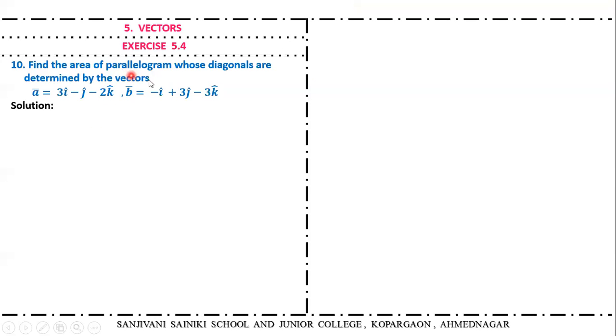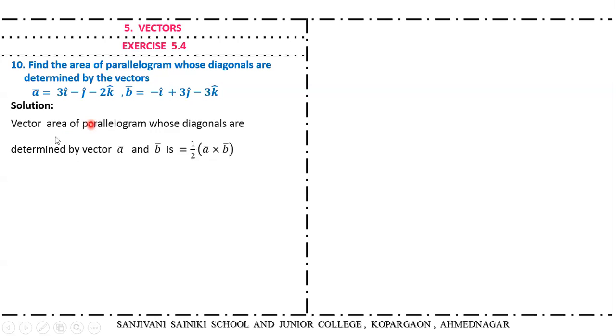Find the area of the parallelogram whose diagonals are determined by the vectors A bar and B bar. We know that the vector area of the parallelogram whose diagonals are determined by the vectors A bar and B bar is 1/2 times A bar cross B bar. In an example a few back we saw that the area of the parallelogram is A bar cross B bar.